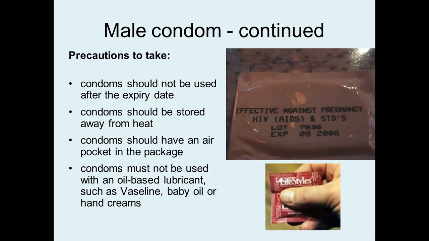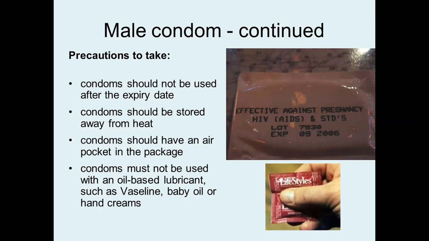Sometimes when people have sexual intercourse, they like to use a lubricant. In other words, they put an oily substance on the penis or on the condom just to make things a little bit easier. Condoms, because they're made of latex, must not be used with an oil-based lubricant.